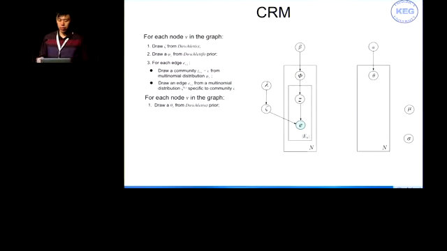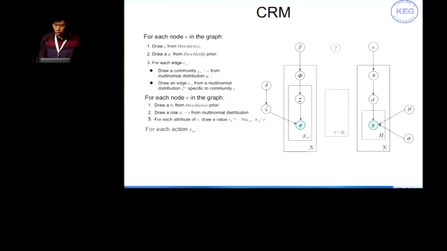Then we draw a community C for each V from the multinomial distribution phi, and draw a community C for each user V, where user U is a target of this action. Finally, they draw a row R from theta.